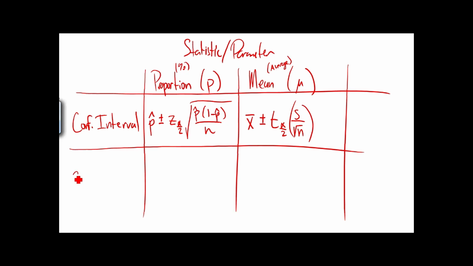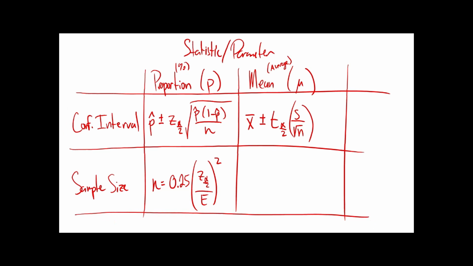And then, if your goal is to estimate the necessary sample size, we had this here. The sample size here was, I think conservatively, 0.25, and I believe it was z alpha over 2 over e, squared. That's what we used for proportion. And we just got this one a second ago.